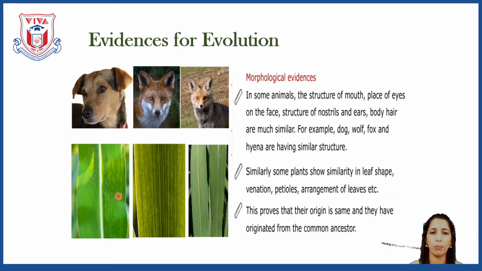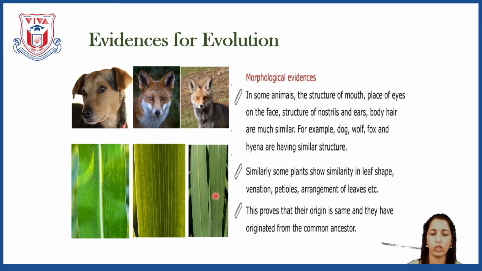Similarly, when we talk about some plants, here you can see the plant leaflets. You can see the leaf shape, their venation, their petiole, the arrangement of leaves. They also show similarity. You have studied the monocotyledons and dicotyledons, right? In monocotyledons, the leaf is ribbon-like and the venation is parallel. So some plants have similarity in the shape of the leaf, the arrangement of leaves, petiole or venation.